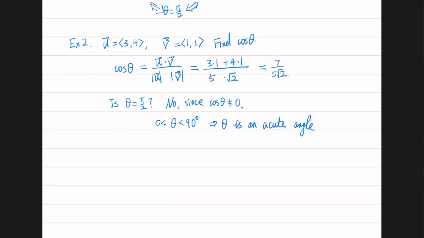Okay, next one. Let's find cosine theta and determine if the angle is acute, right angle, or obtuse.